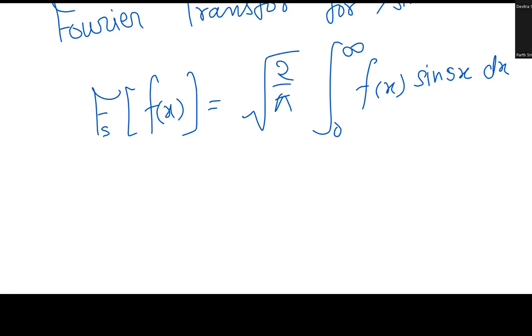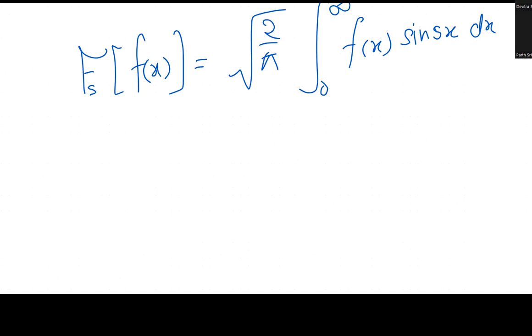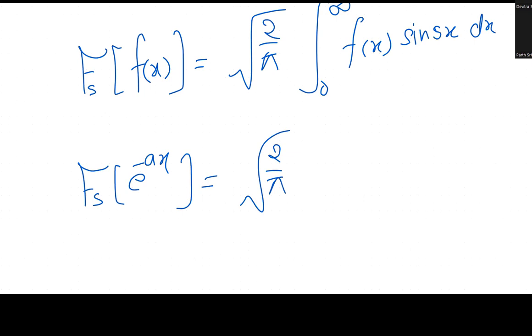Nothing is changed, so instead of f(x), we can write it as Fs equal to square root of 2 by pi, integral 0 to infinity, f(x) is e to the power minus ax, into sine sx dx.